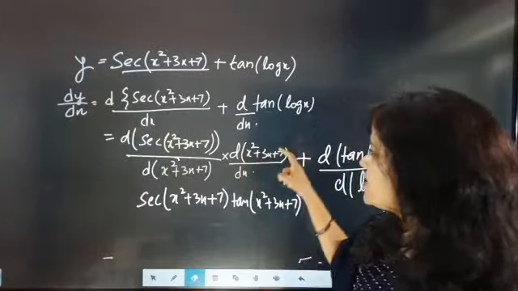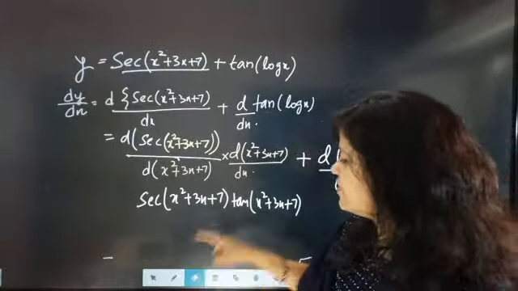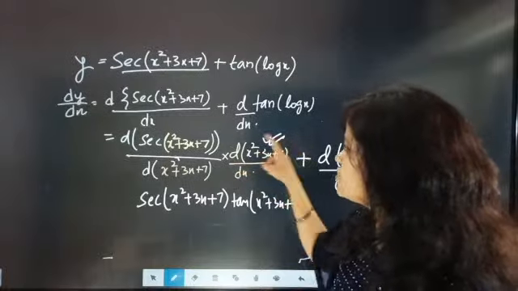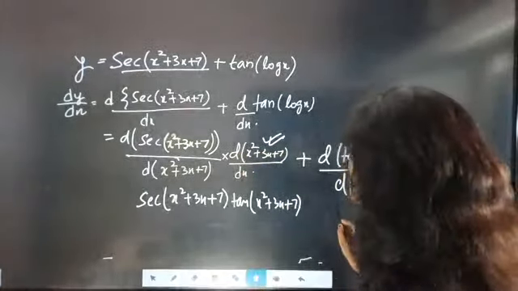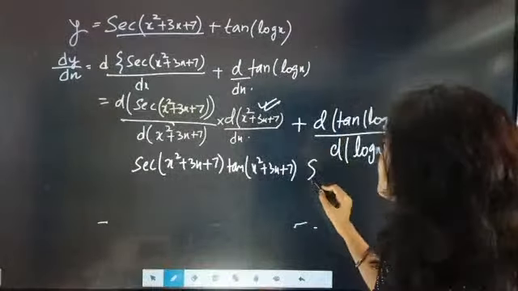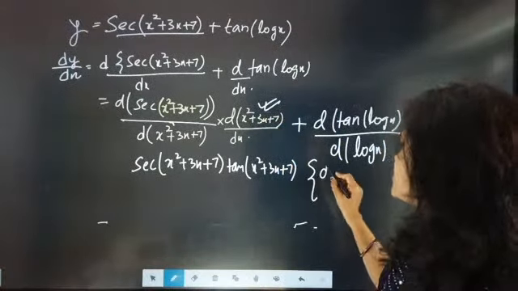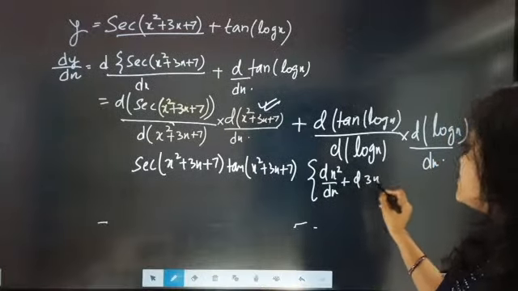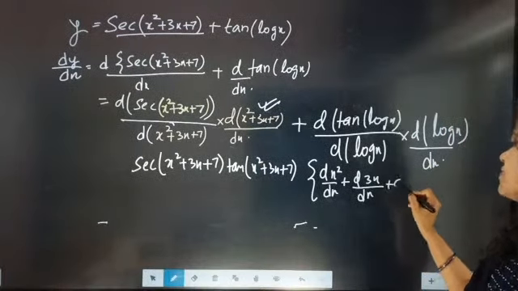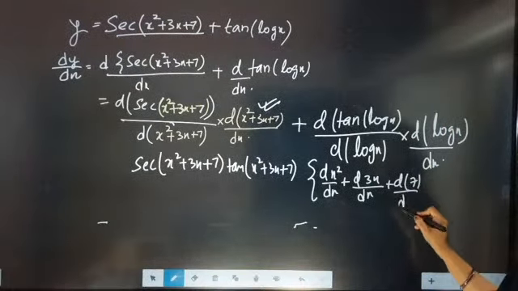Only one thing is that this part's differentiation we have still not done. So the differentiation of this section will become x square differentiation by dx plus 3x differentiation plus 7 differentiation.